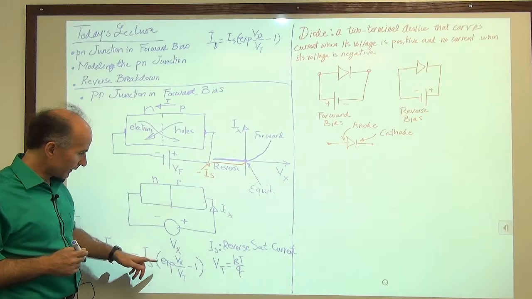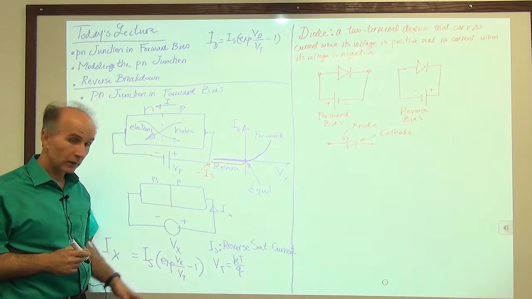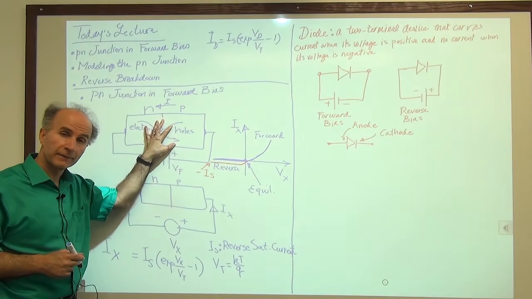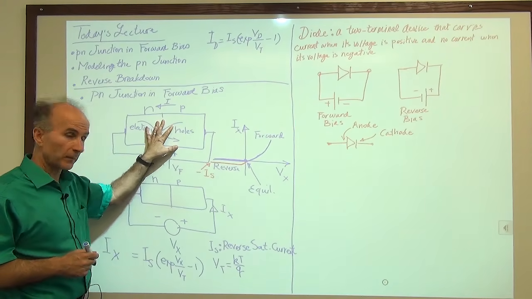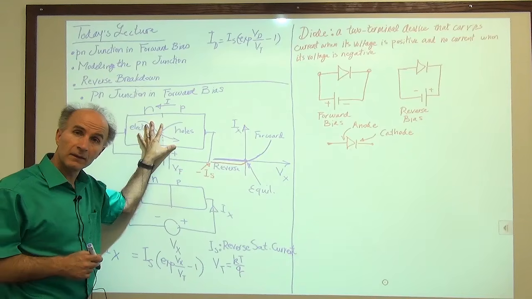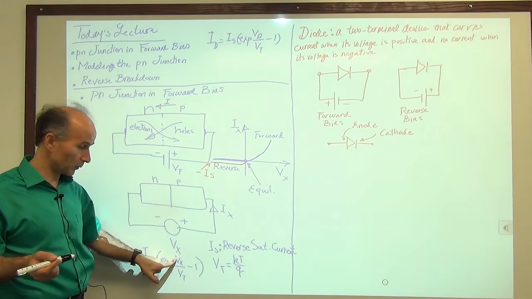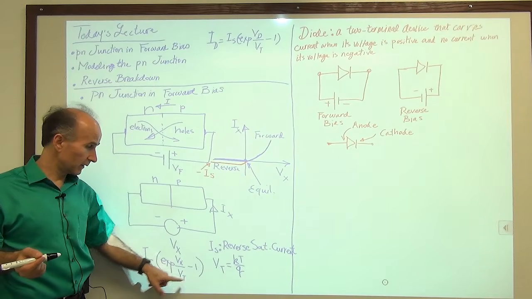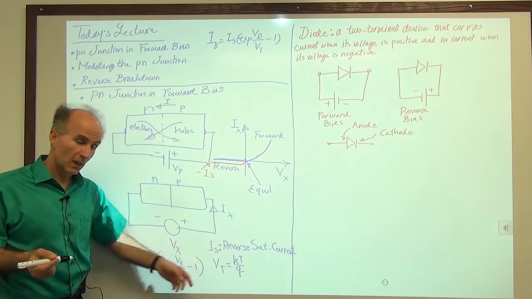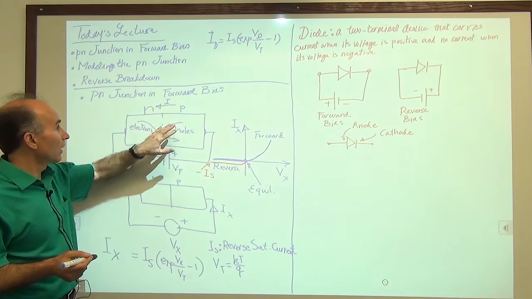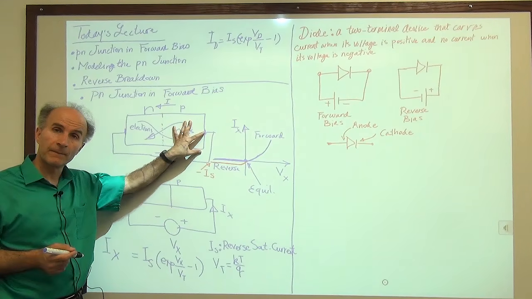All right, so we see that the terms inside this exponential do not depend on the structure that we have. In particular, they do not depend on whether this is silicon or germanium, because Vx is the voltage we apply from outside, and Vt is kT over q. And this exponential does not depend on the doping levels.